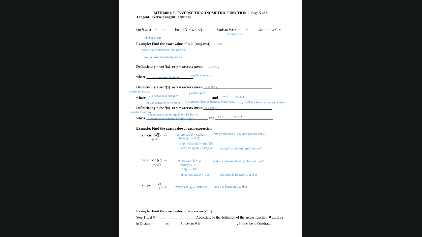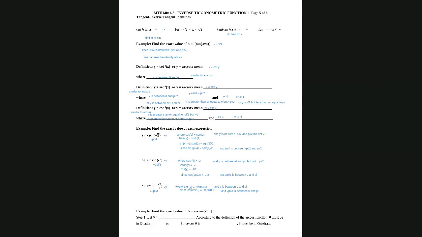Okay, and the angle that makes that work, since the cotangent of 2 pi over 3 is equal to negative square root 3 over 3, and 2 pi over 3 is between 0 and pi, that tells me that the answer to this one is 2 pi over 3. Anybody have any questions so far? Okay.